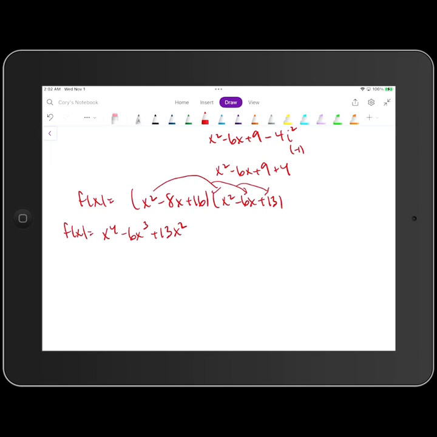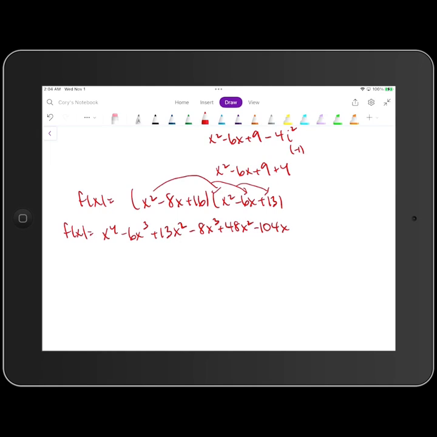Okay, when I distribute negative 8x across all three terms, we get negative 8x cubed plus 48x squared, and then negative 8x times positive 13 is negative 104x. And then lastly, I'm going to distribute 16 across all three terms.